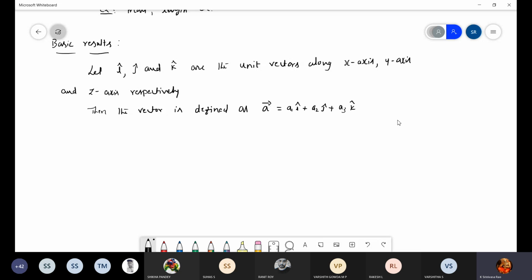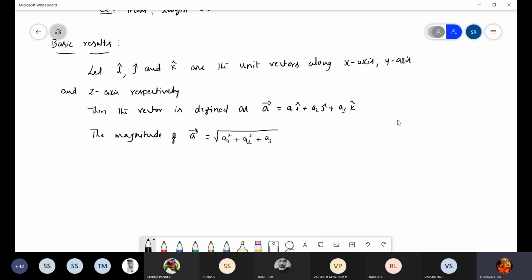Next line, the magnitude of vector A is equal to, any idea? It is square root of A1 square plus A2 square plus A3 square.